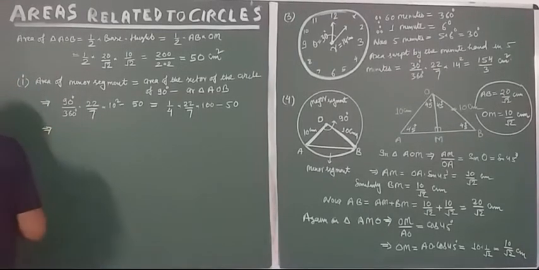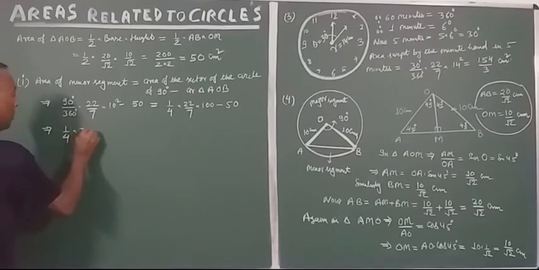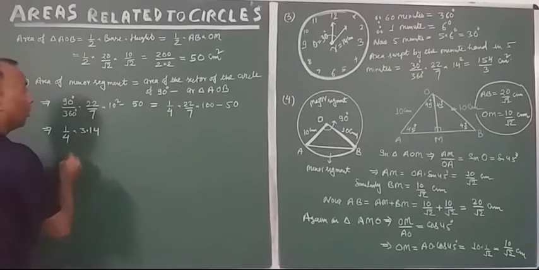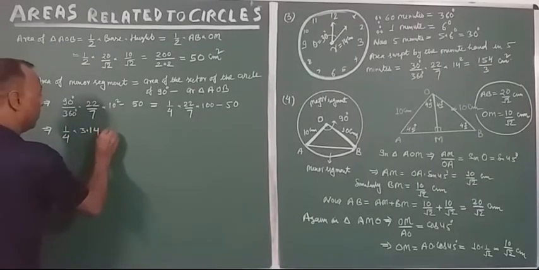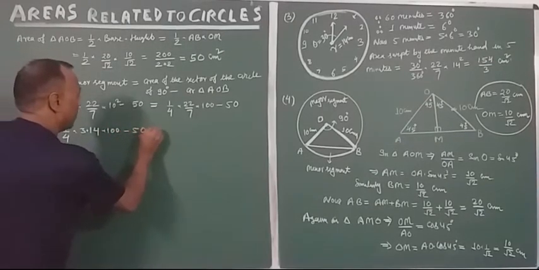The question says use pi is equal to 3.14. So what will happen? 1/4 into 3.14 into 100 and minus 50.